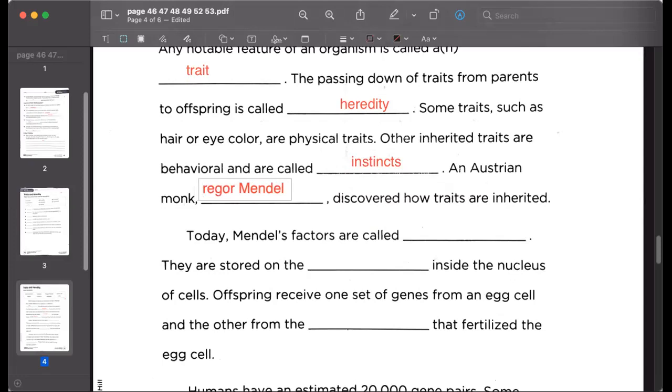Okay, so that's the reason. Discover traits. Okay, today Mendel's factors are called, what do we call them? Yes, very nice, excellent. These are called genes.